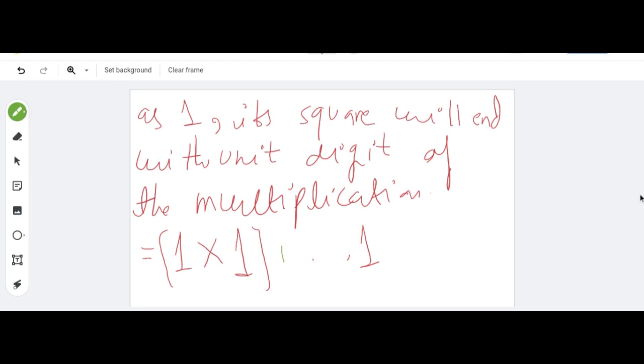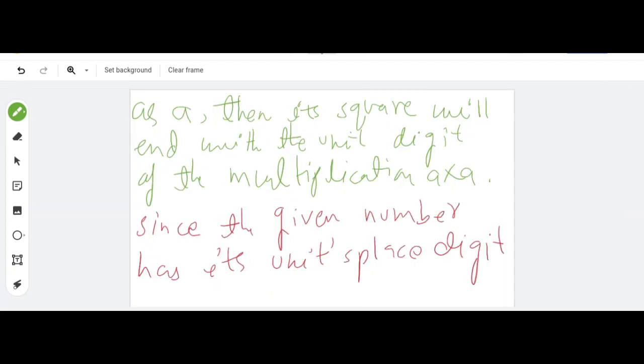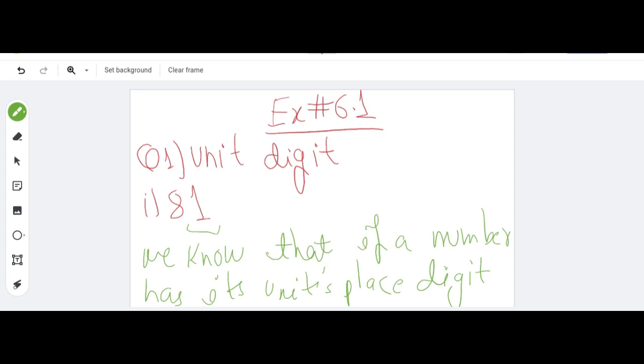This is how you can get the unit digit of any number. Firstly, you have to understand each and everything. I will give you time to write this. Understood? Any questions, Sukena? No, ma'am. So, how can you find the unit digit of any number?